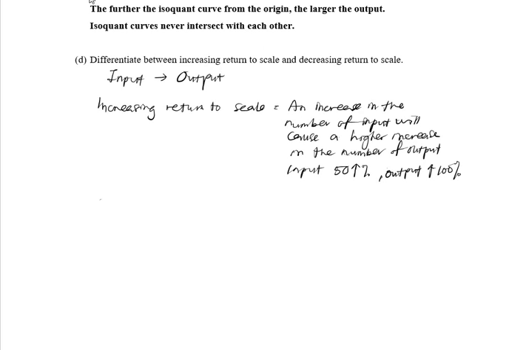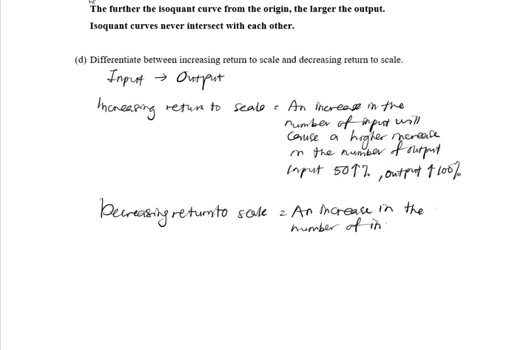Meanwhile, decreasing return to scale is when an increase in the number of inputs will cause a smaller increase in the number of outputs.